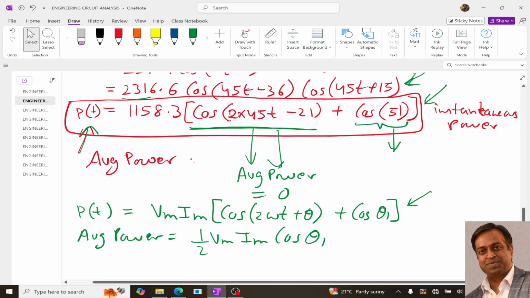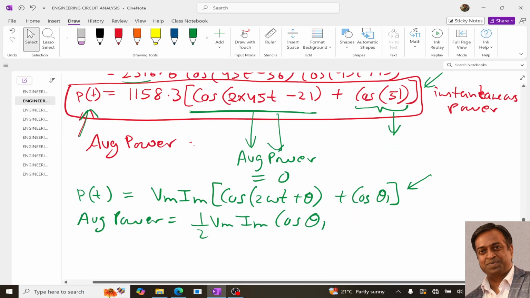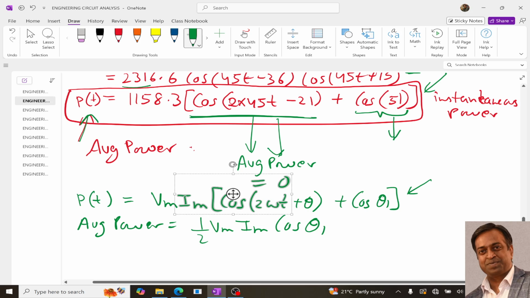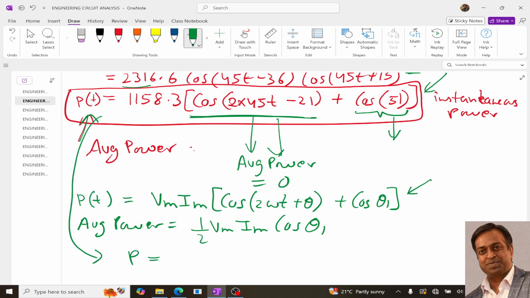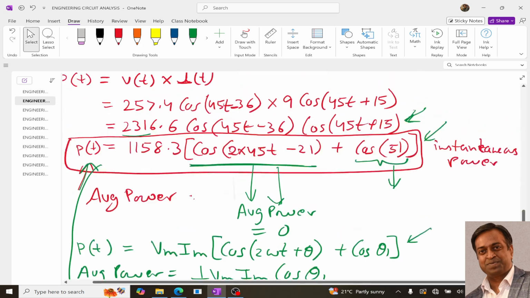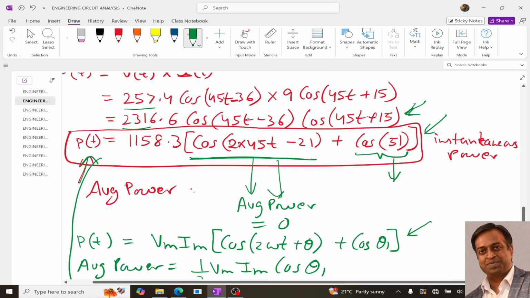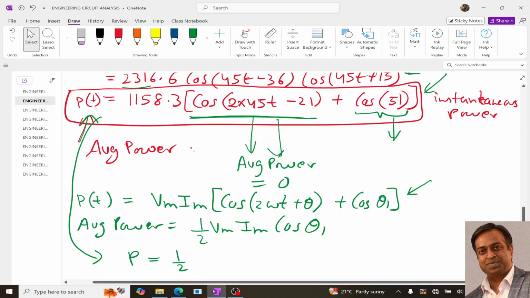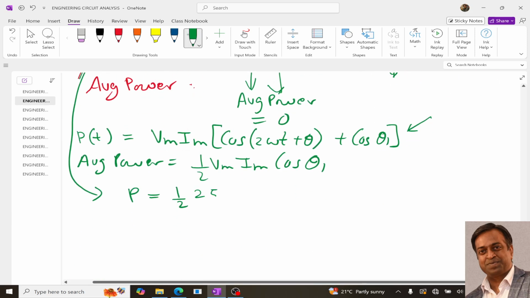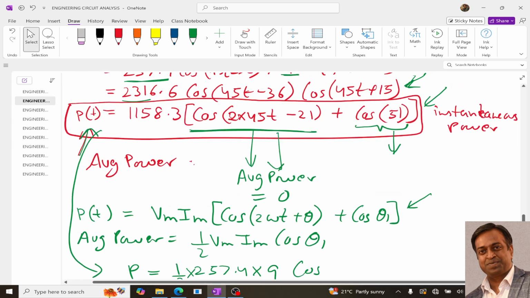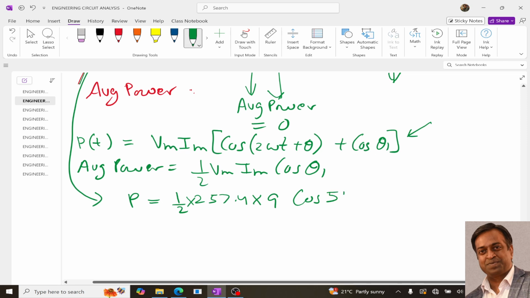So over here the average power will be half of the product of Vm and Im, which is 257.4 into 9 cos theta 1, where theta 1 is 51 degrees, so cos 51.